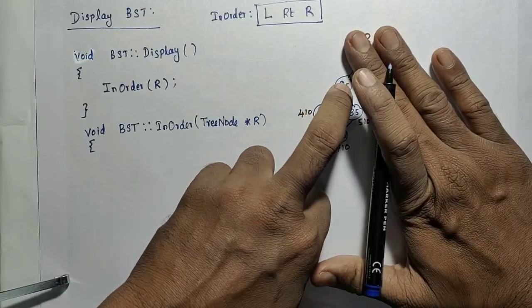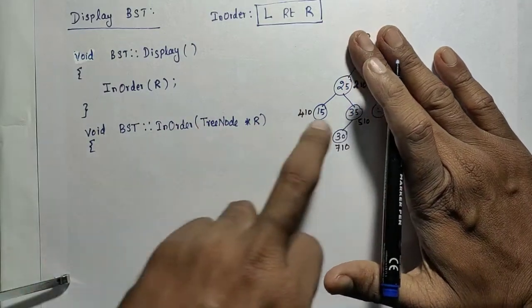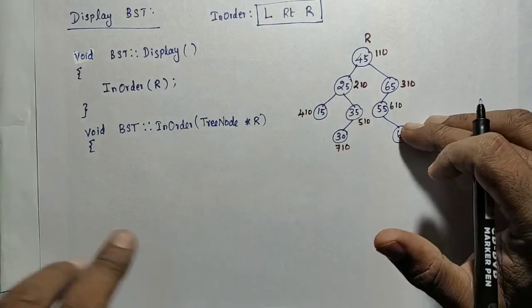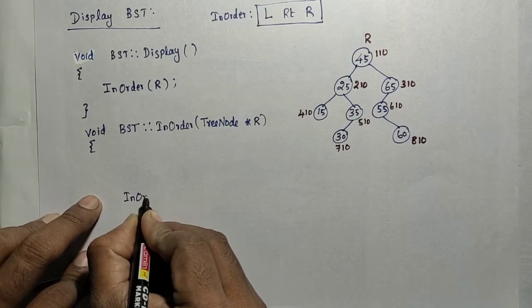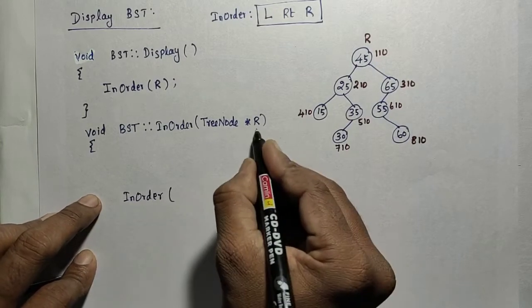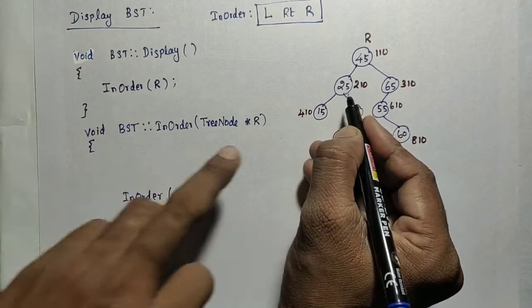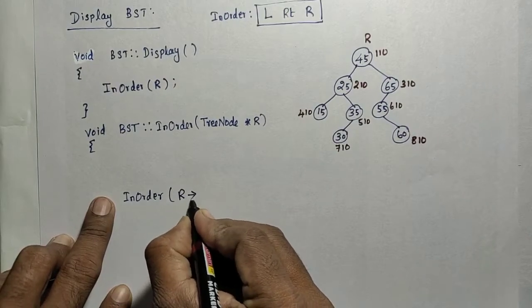So we need to call the same function with 210 as a root. So just you call inOrder, of which one has to be printed? Left subtree. Left subtree is 210. 210 is the current root's left. So R of left.